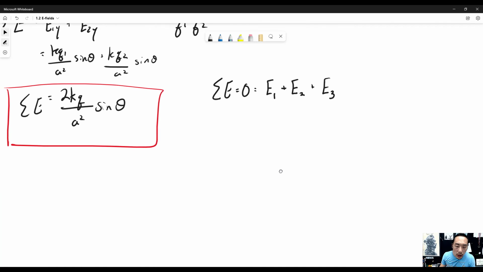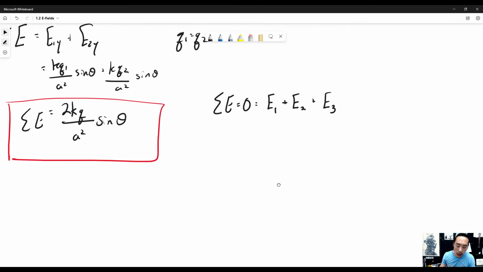We already know what E1 and E2 equal, and we saw that from before, which is 2kq over a squared sine theta. And sine theta for us was 60, excuse me, theta was 60, plus this unknown E3. But this problem is looking for where we need to place Q3, and this all adds up to 0.